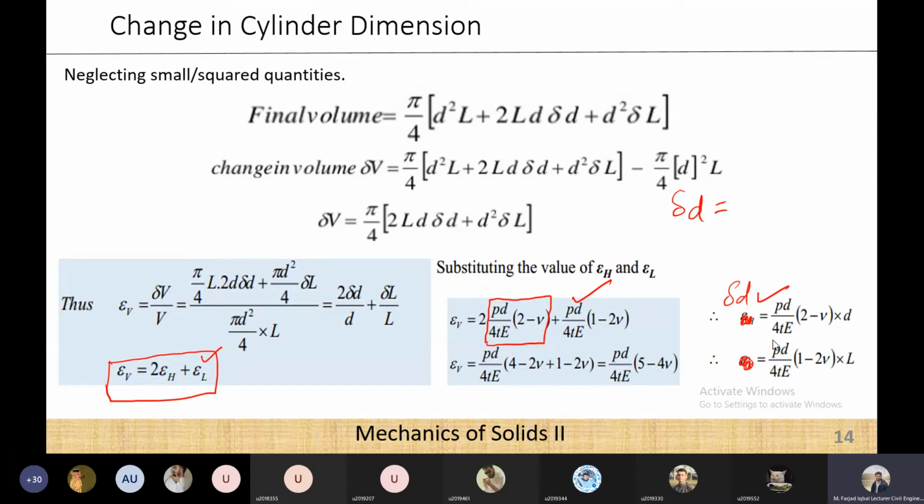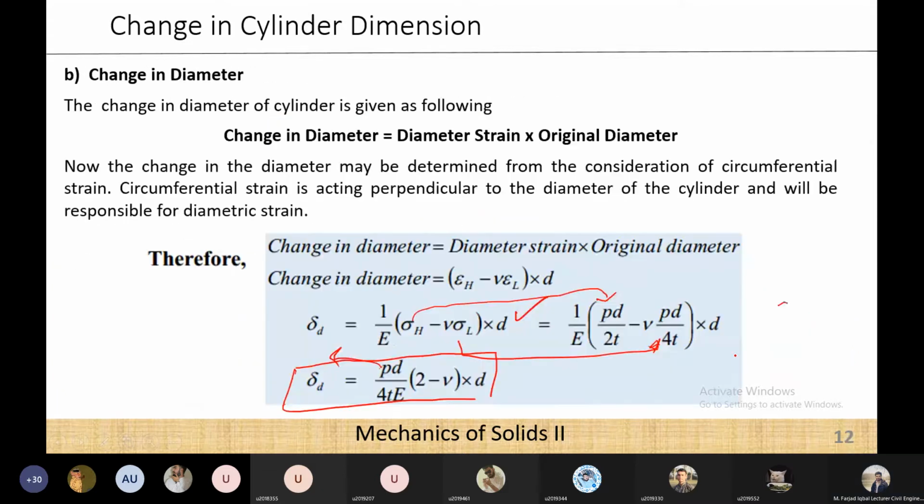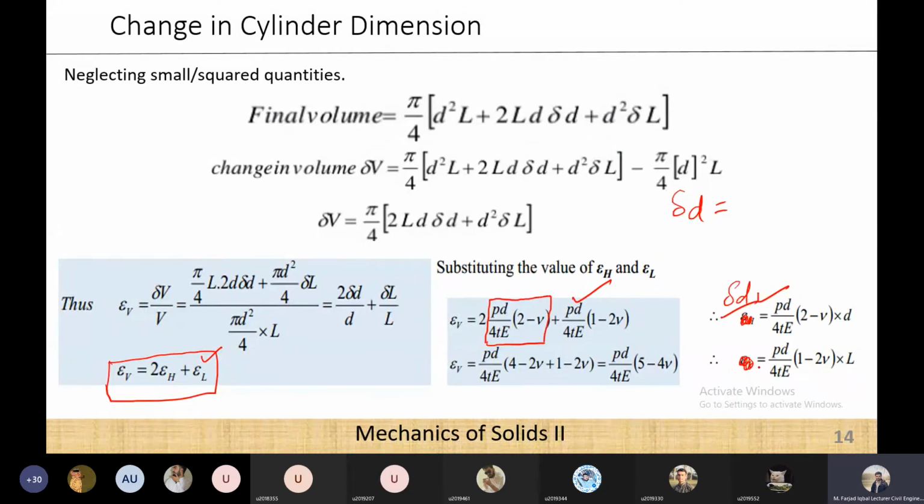And this one is for delta D. This relationship is for delta D, and this relationship over here is for delta L. Now, if I substitute this relationship into my original equation, then this D factor will cancel out with this one, and this L factor will cancel out with this one, and I will be left with one expression for change in volume or volumetric strain, that is epsilon V equals this one.